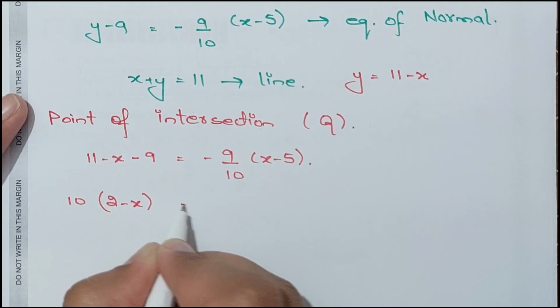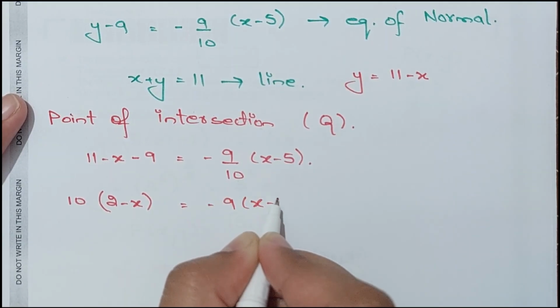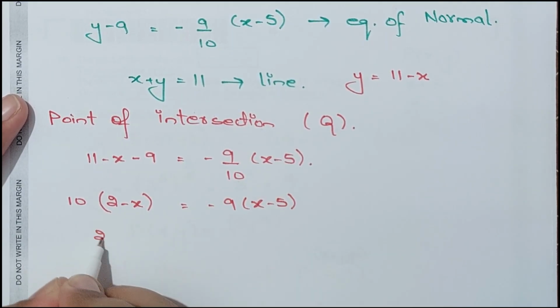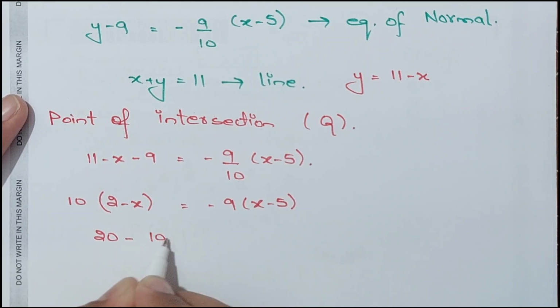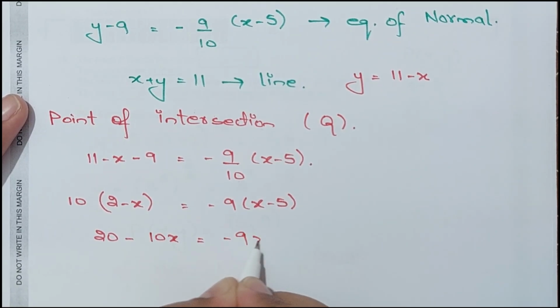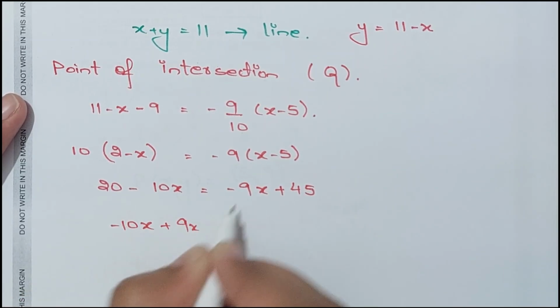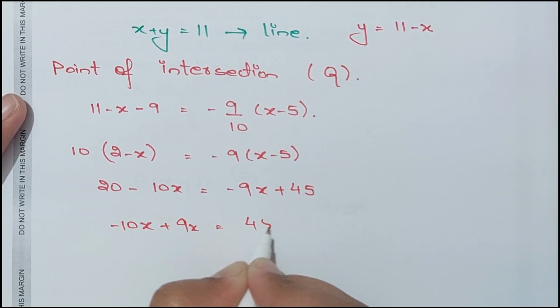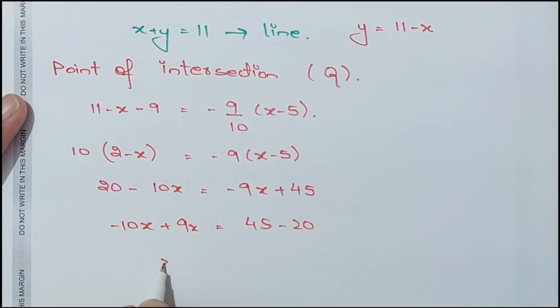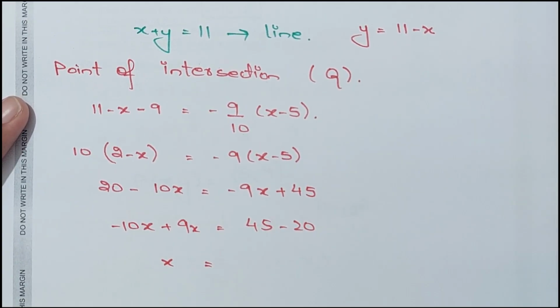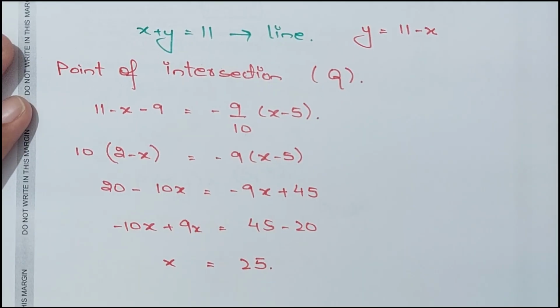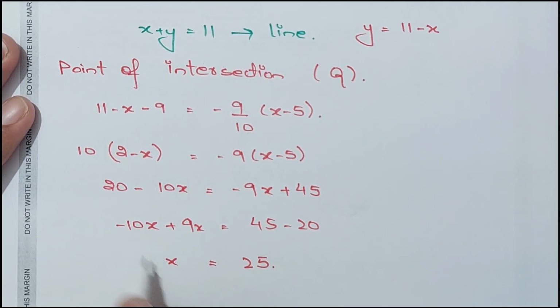Cross multiplying with 10 and minus 9 times x minus 5: 20 minus 10x equals minus 9x plus 45, since 5 times 9 is 45. Minus 10x plus 9x, shift this term to the other side: it is 45 minus 20, which is 25. This is just x. The x coordinate is negative, sorry, so x would be negative 25.